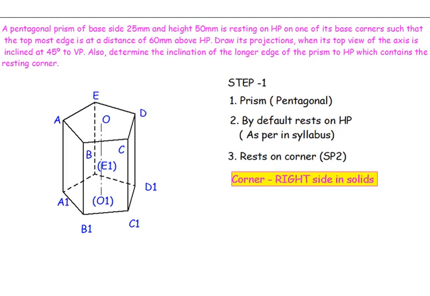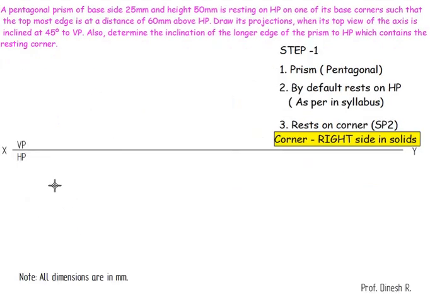Let's understand how you are going to draw it manually. Initially I am going to draw a side length which is equal to 25, and from here I am going to draw a line of side length 25, inclined at 72 degrees.